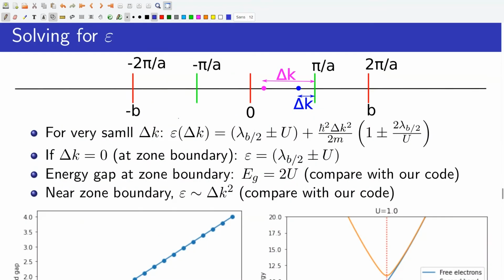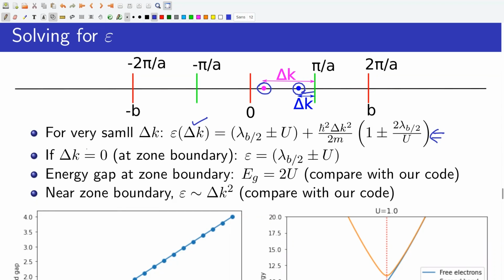Thus we have found the approximate form of energy eigenvalues when k is very close to the first Brillouin zone boundary. That means this equation will hold good in case of this blue point, because this is closer to the first Brillouin zone boundary, but it will not hold good for the magenta point, which is far away from the Brillouin zone boundary.